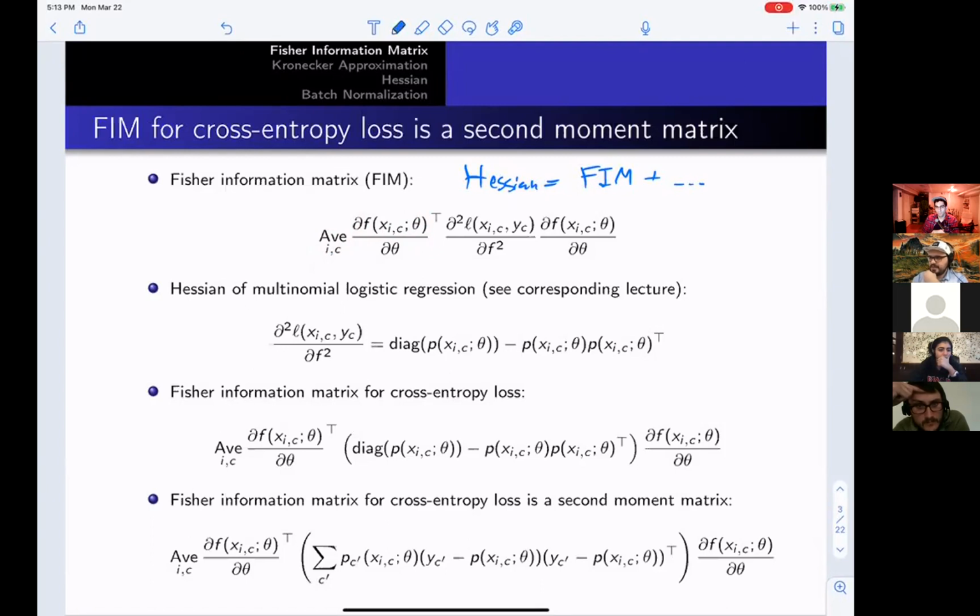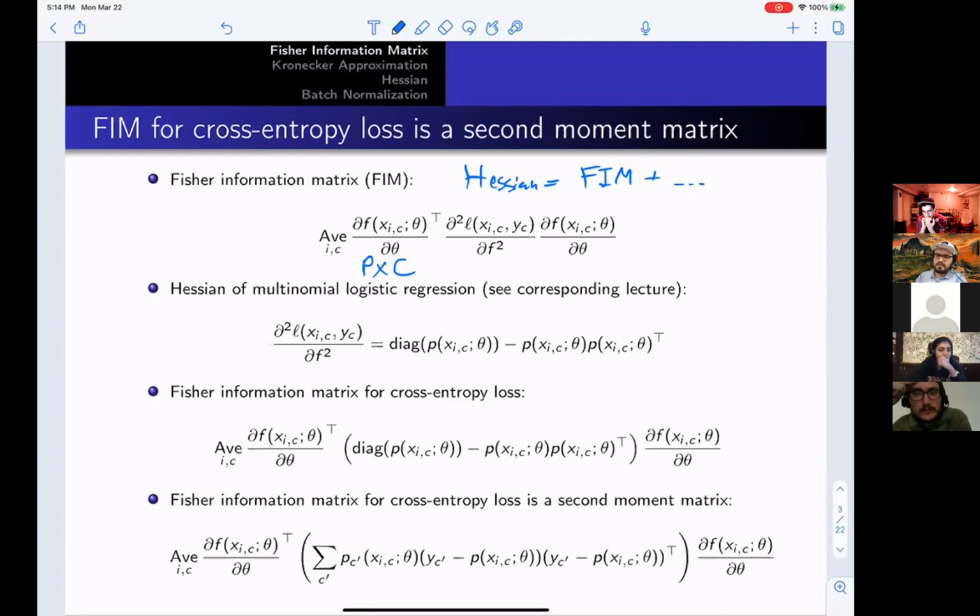Let me specify the dimensions because I find them illuminating. This is of size P times C. Why? Because if you're differentiating the logits with respect to the parameters of the model, there are P parameters and C logits, right? Do the dimensions make sense?